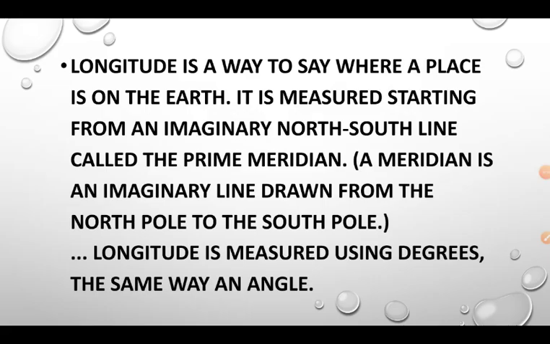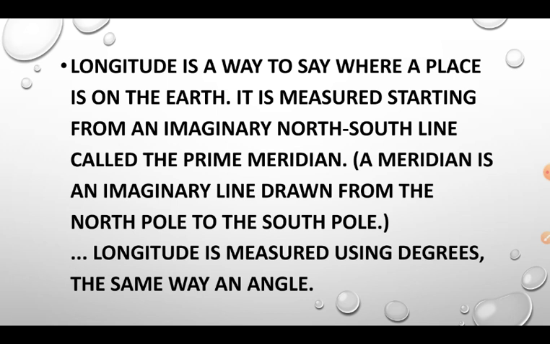Now let me discuss longitude. Longitude is a way to say where a place is on the Earth. It is measured starting from an imaginary north-south line called the prime meridian. A meridian is an imaginary line drawn from the north pole to the south pole.